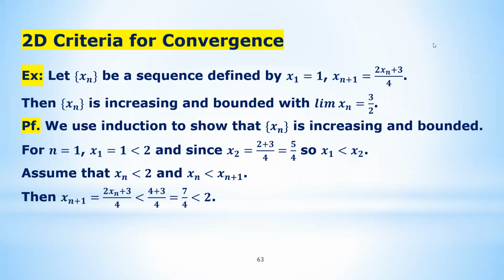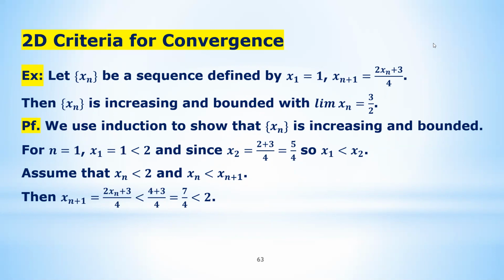Okay, so let's look at xn plus 1. I know that xn plus 1 equals (2xn plus 3) divided by 4. So this is less than (4 plus 3) divided by 4, which is equal to 7/4, which is obviously still less than 2. So if xn is less than 2, then xn plus 1 is still less than 2.